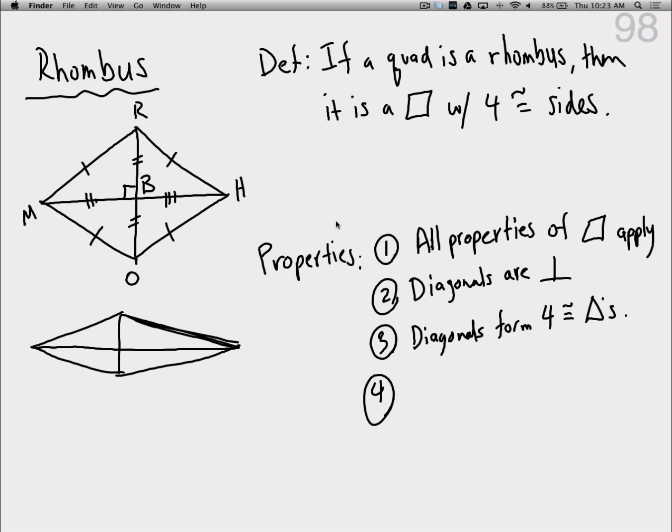Like side angle side, because they're going to be triangles. Good. We proved the triangles were congruent in step 3, so therefore we know that this angle is equal to that angle. This angle is equal to this angle. And notice if I mark this correctly, we have that. So the diagonals bisect vertex angles.